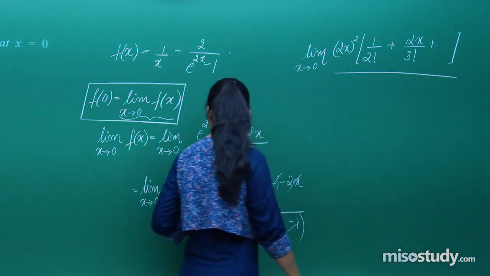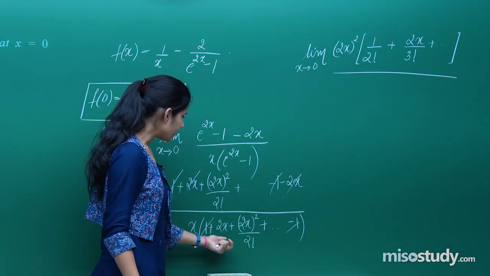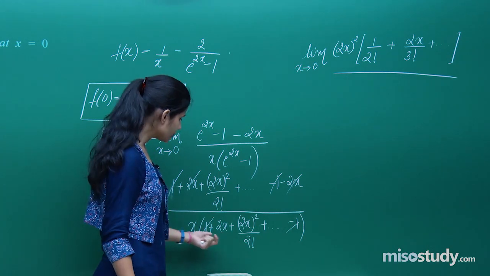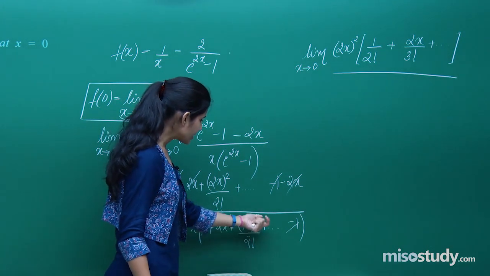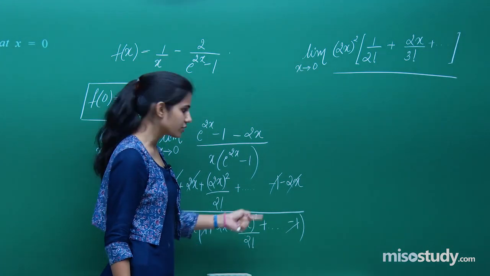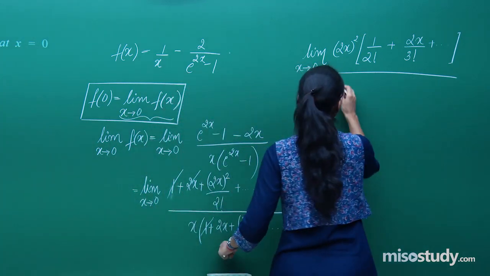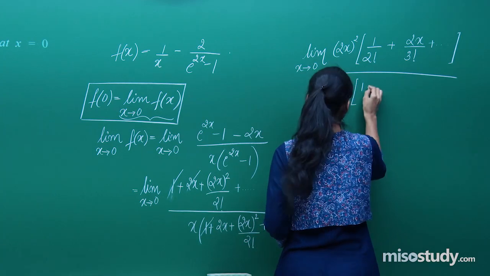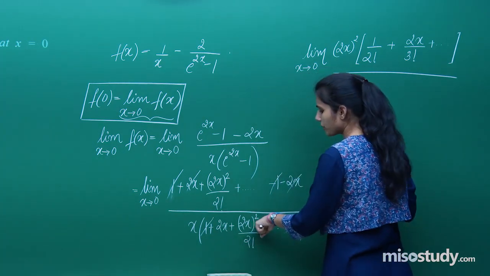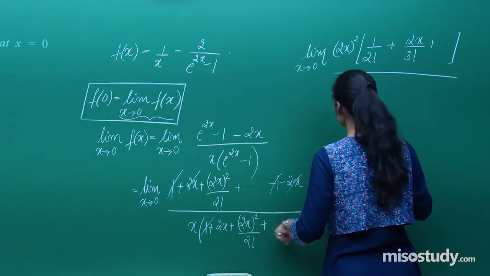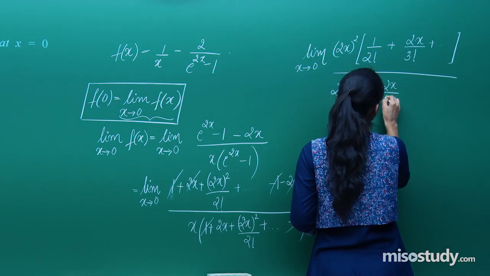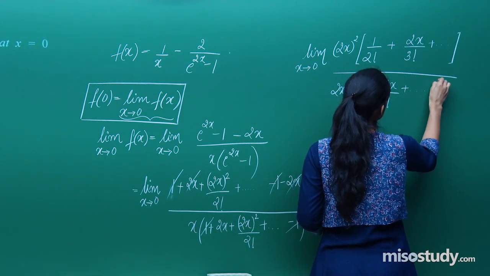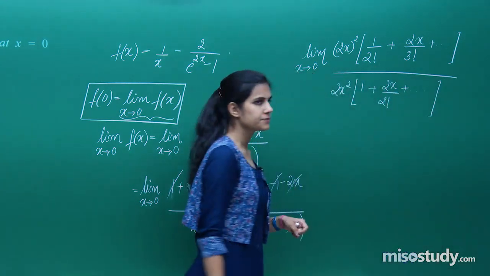Whole upon, if you see carefully, this is 2x into x, 2x square, plus 2x whole square into x by 2 factorial and so on. So in the denominator I take out 2x square common. I am left with 1 plus 2x by 2 factorial and so on.